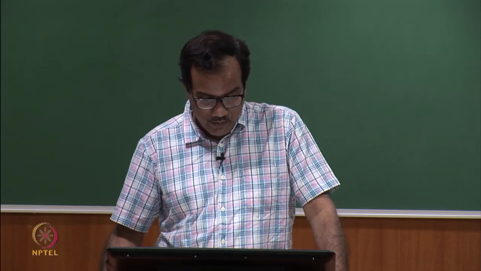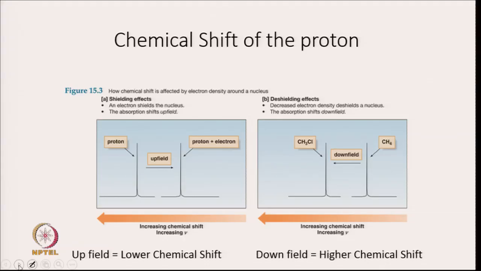So, if you take a proton and if electrons shield this proton, then your peak shifts upfield. That is what is written: electrons shield the nucleus, and the presence of electrons around the proton shifts the absorption upfield.